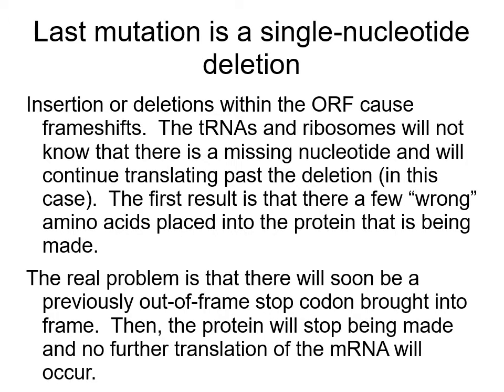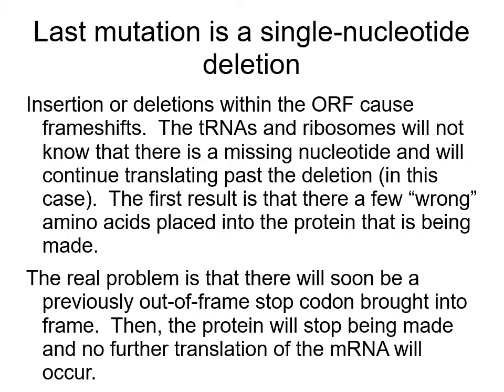Well, it's sort of worse than that. If you add or delete particular nucleotides, the ribosome won't know that there's a missing nucleotide and will just continue translating past that point, if it's a deletion or insertion or whatever. So what you end up with is a few wrong amino acids placed into the protein because of the shift in frame.